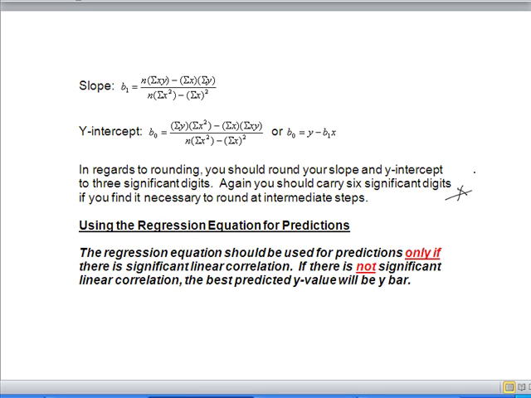If there is significant linear correlation, that is when we use the regression equation to make our predictions. If there is not significant linear correlation, the best predicted y value will be y bar. So we just take an average of the y values. That's if there is no significant linear correlation.